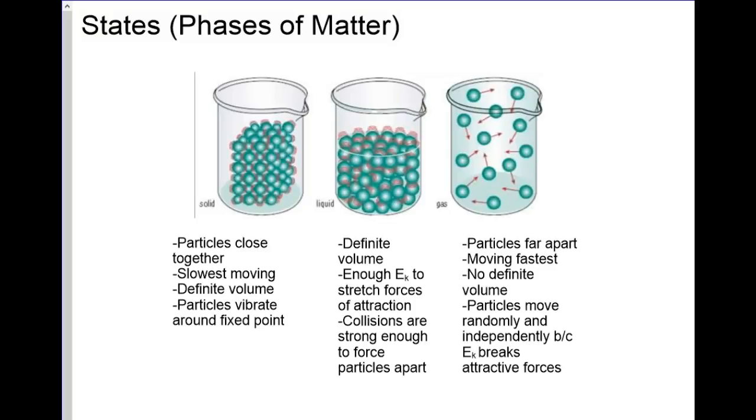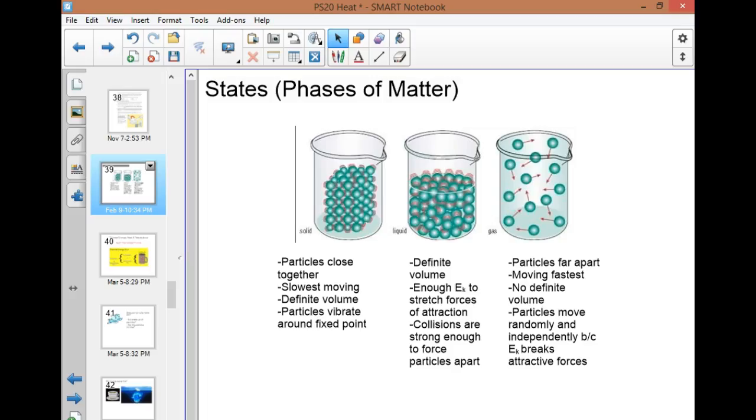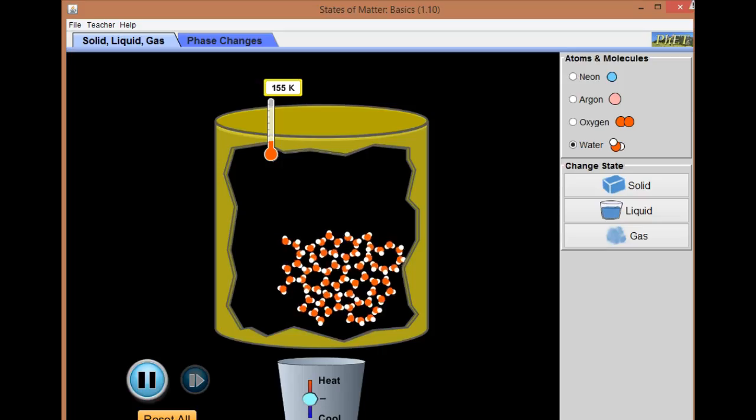These are some of the things that we've talked about in terms of particle behavior in solids and liquids and gases. So if you can imagine an ice cube is made up of water particles that are closely packed together. I'm just going to put up a Java simulation here to show you how the particles change as heat is added to it.